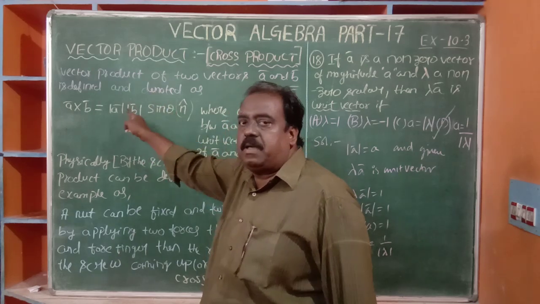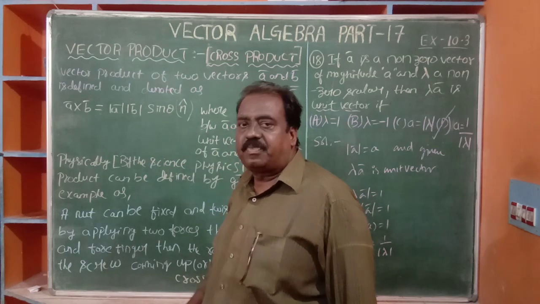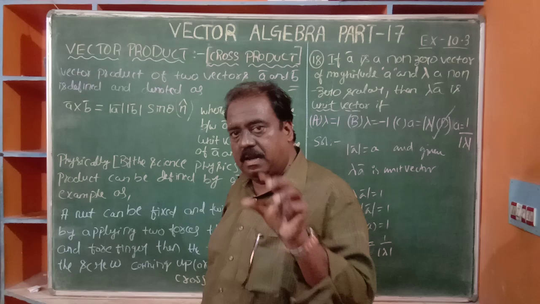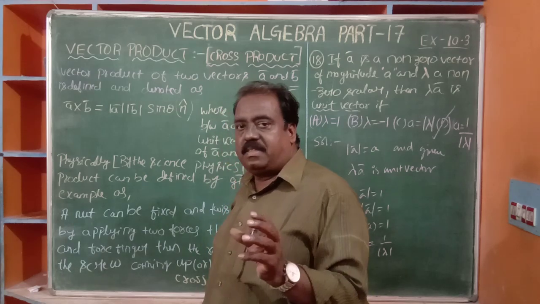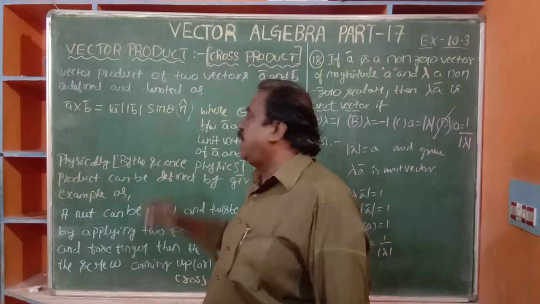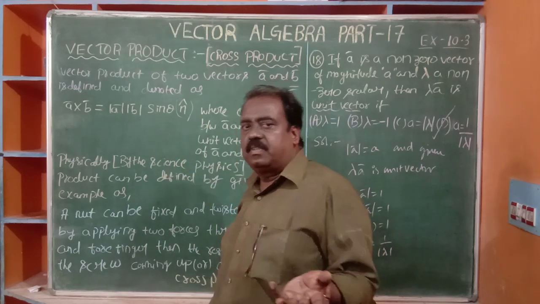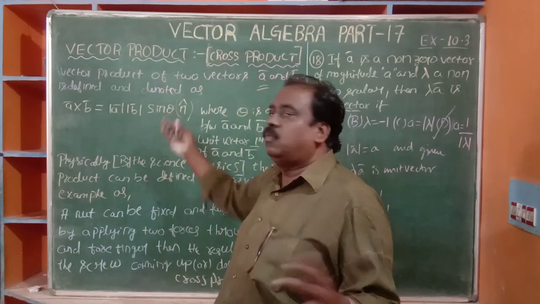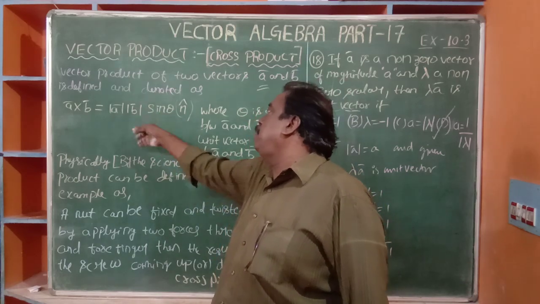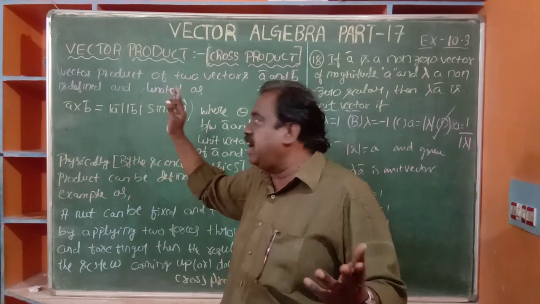Mod A bar is the length of A bar, a number. Mod B bar is the magnitude of B bar, a number. Sin theta, where theta is the angle, is also a number, like sin 30 is 1 by 2, sin 60 is root 3 by 2. Number into number into number is again a number, a scalar.